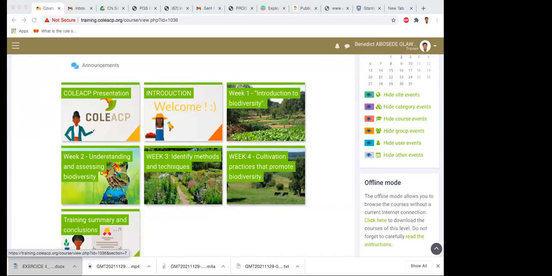Like I said, we'll download all the assignments and share them on the group page, especially for those who have low internet, so that they can send them back to us by WhatsApp, and then we can grade them and put their scores there.